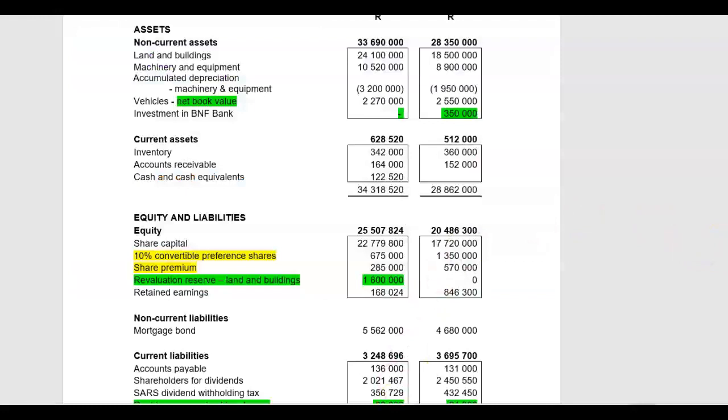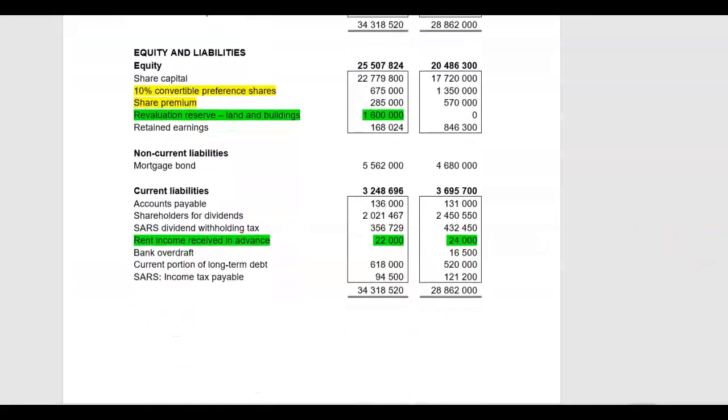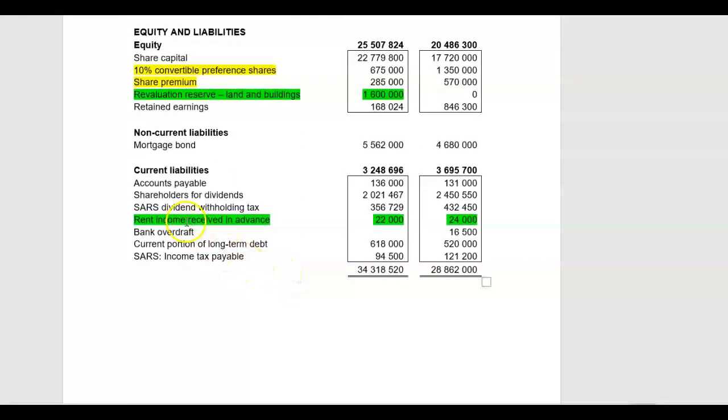Now, our separately disclosable items. They tell us here accounts payable, dividends, rent income received in advance, 24,000 at the beginning of the year, 22,000 at the end of the year.